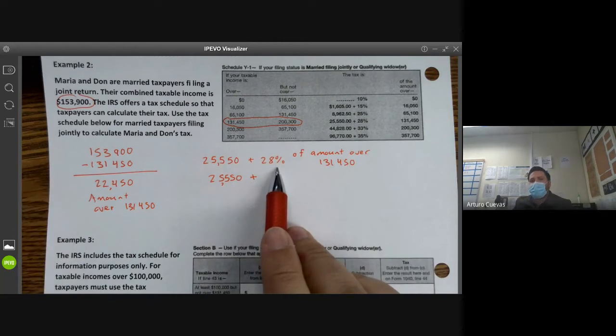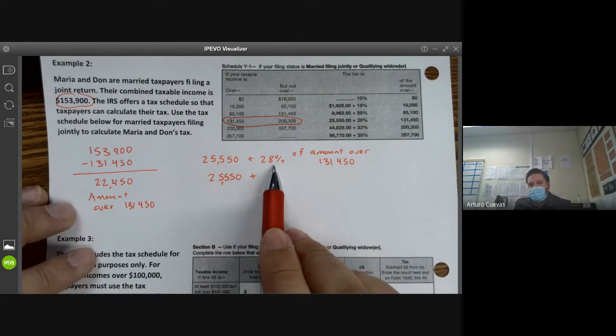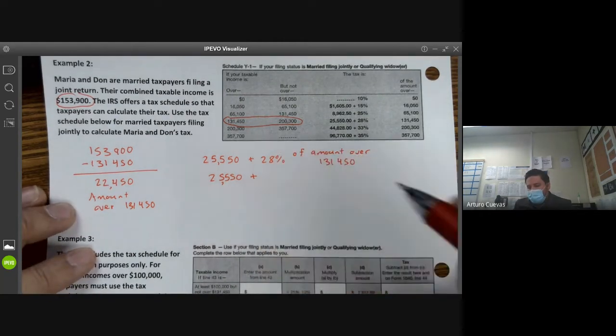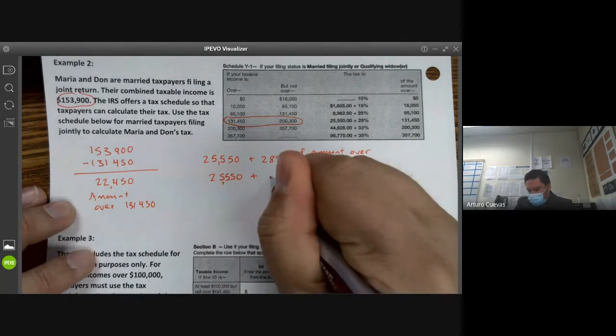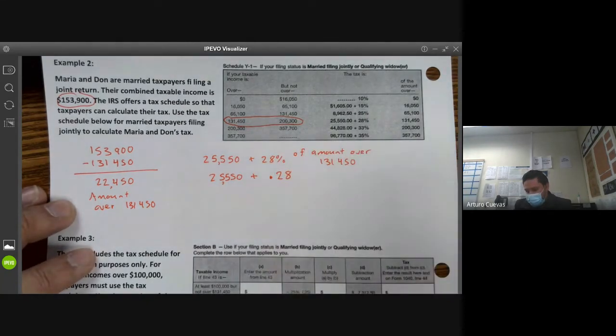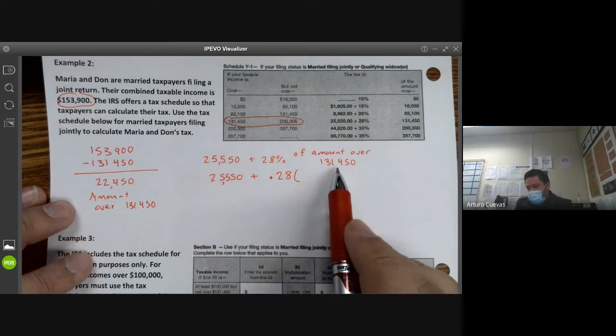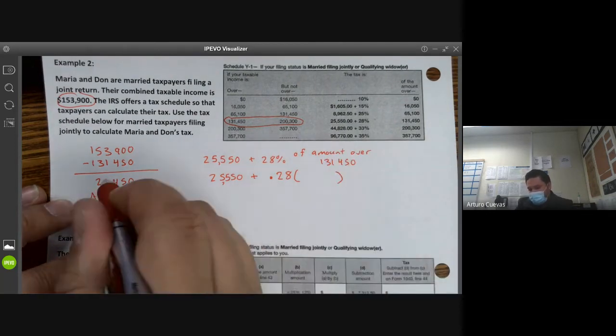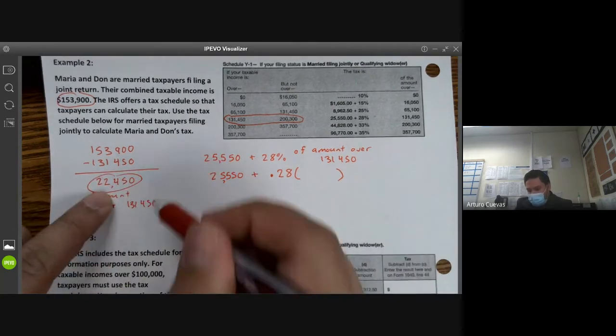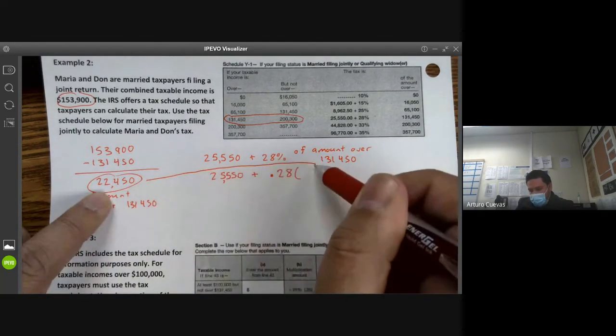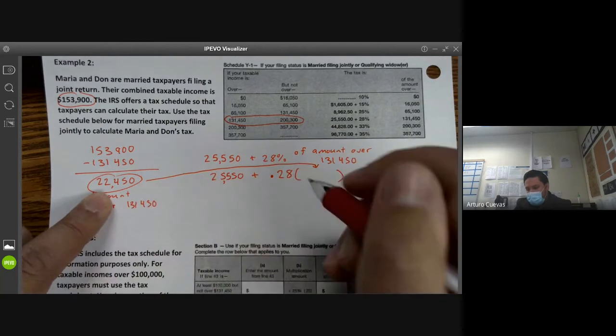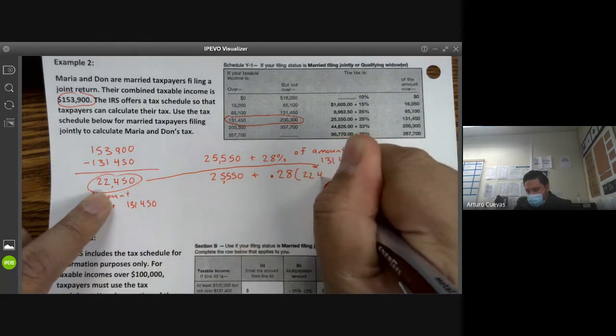How can I write that as a decimal? What's 28% as a decimal? 0.28 of the amount over 131,450. What is the amount over? This one, right? So this goes right here. 22,450.